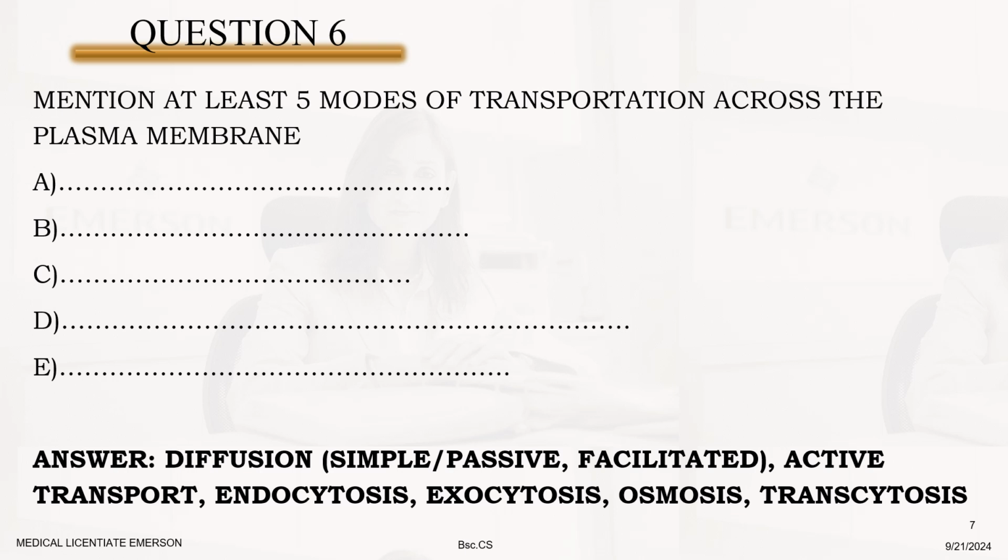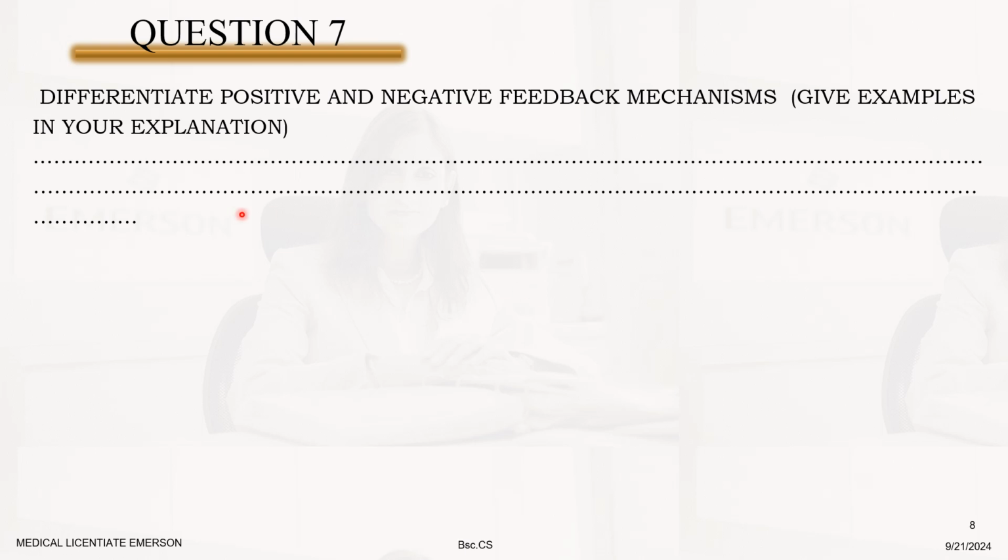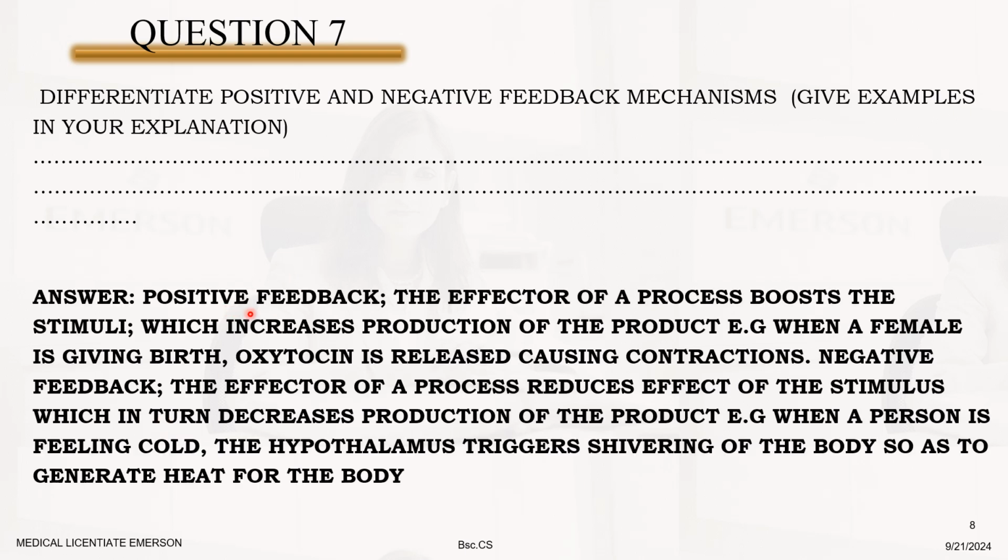Question 7: differentiate positive and negative feedback mechanisms and give examples in your explanation. This is one of the best questions ever. In positive feedback, the effect of a process boosts the stimulus, which increases the production of the product.